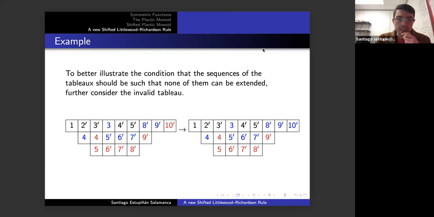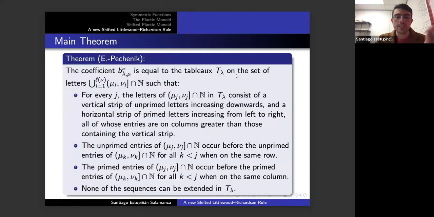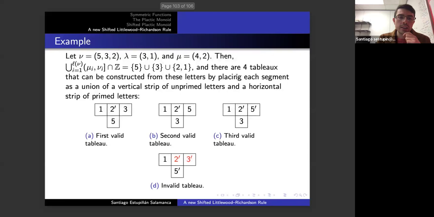And the reason that this characterization is helpful is because once we have all tableaux that satisfy all of these properties, for these partitions again, there are only 4 tableaux we need to consider, and the last one is not valid. So in this case, the coefficient is equal to 3.